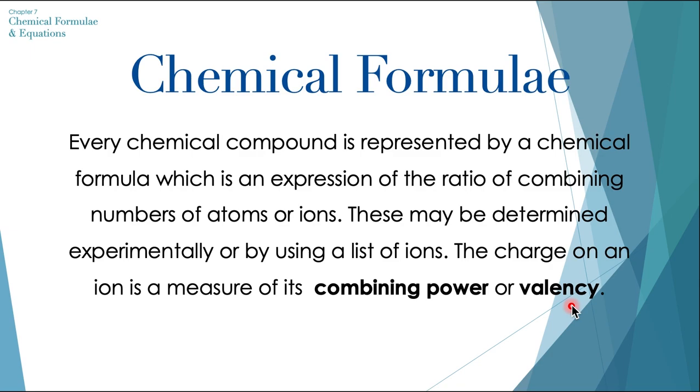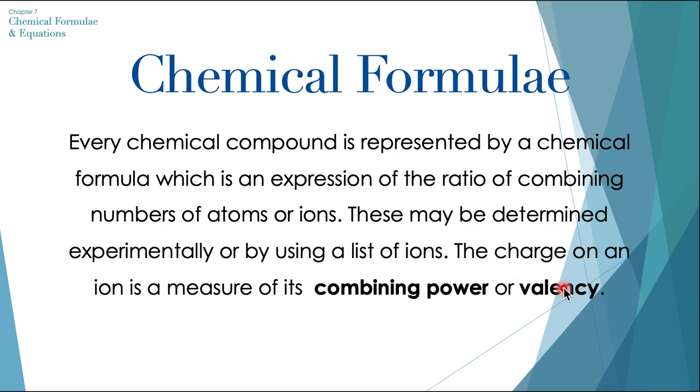They have some sort of combining power or valency. They have a charge on them, either positive or negative. And then the positive and negative ions merge together, they cancel each other's charges out and become neutral and form these compounds or molecules. Covalent bonding makes molecules and ionic bonding makes ionic compounds.